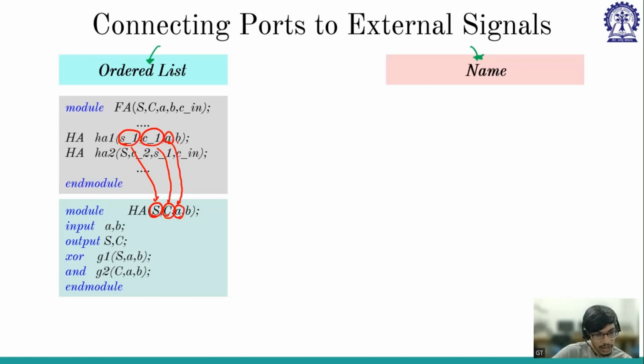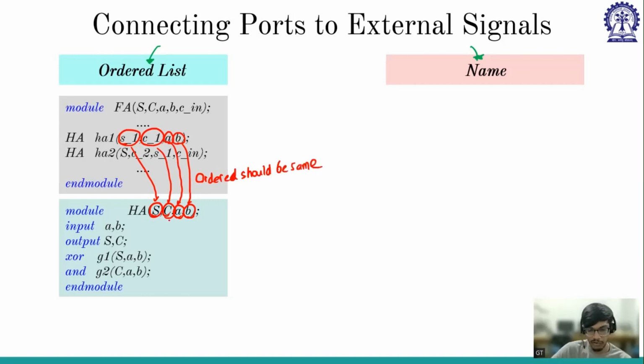This is A and this is my B. If you invert to B comma A, then whatever B you have given will be taken as A here, and whatever A you have written will be taken as B. That's why we call it an ordered list. So order should be the same.